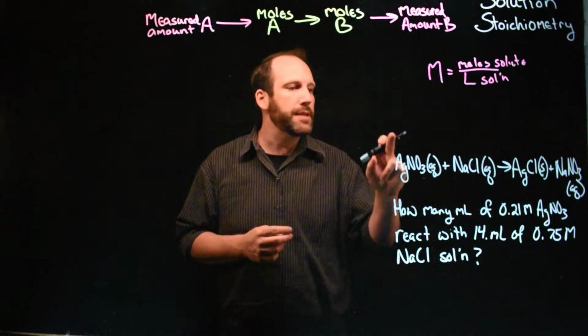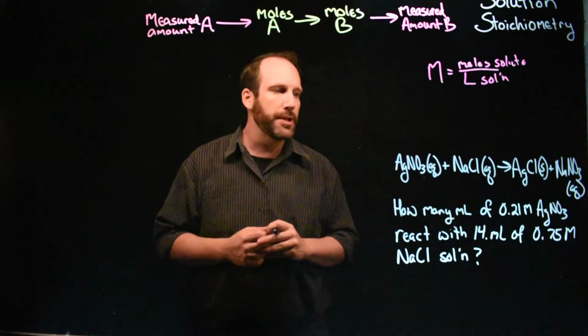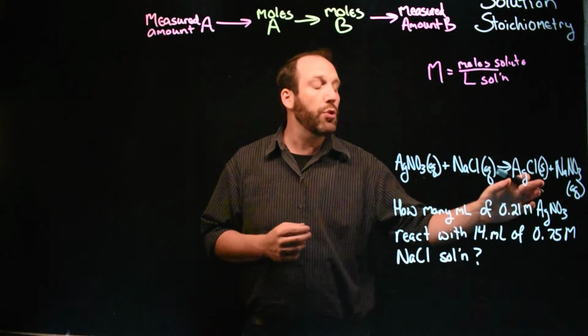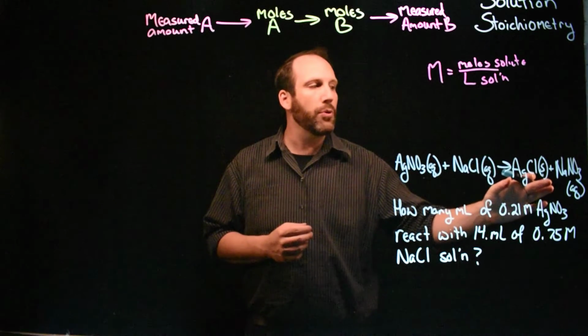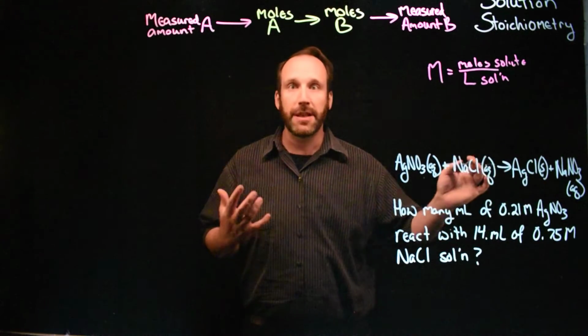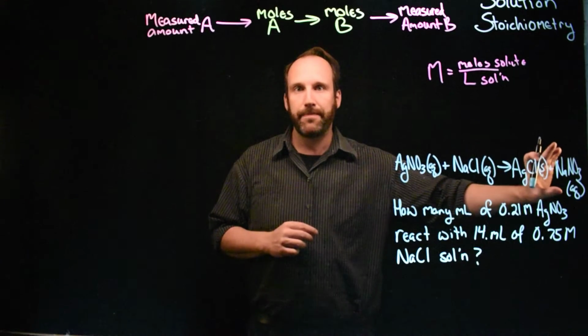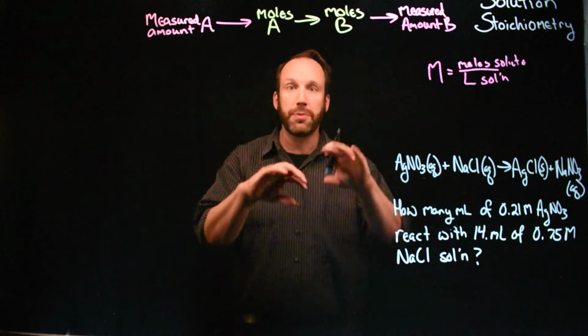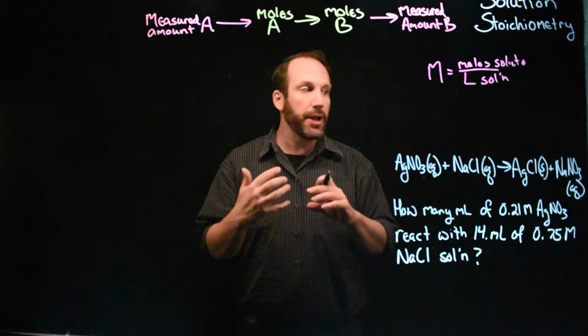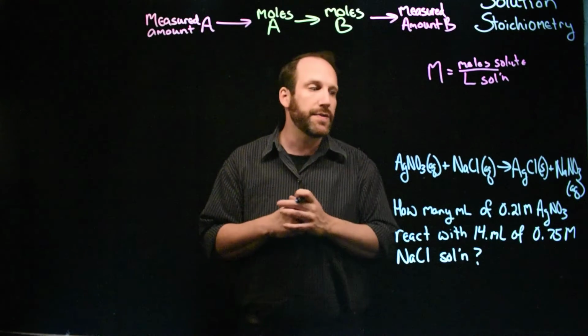In either case, in this double displacement reaction, the silver and the chloride form this insoluble AgCl compound. And what's left in solution after they precipitate is sodium nitrate. All right, so it's 2 clear solutions. You pour it together. You have a solution of sodium nitrate with solid precipitate of silver chloride.